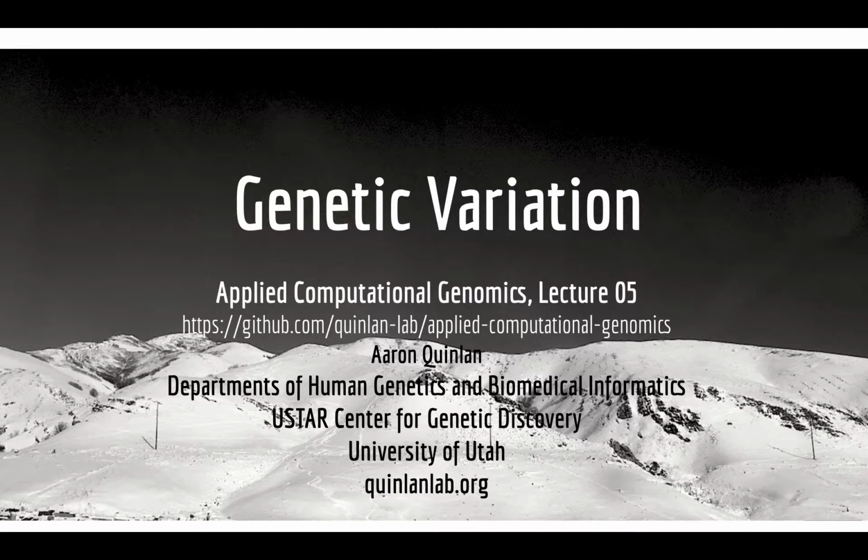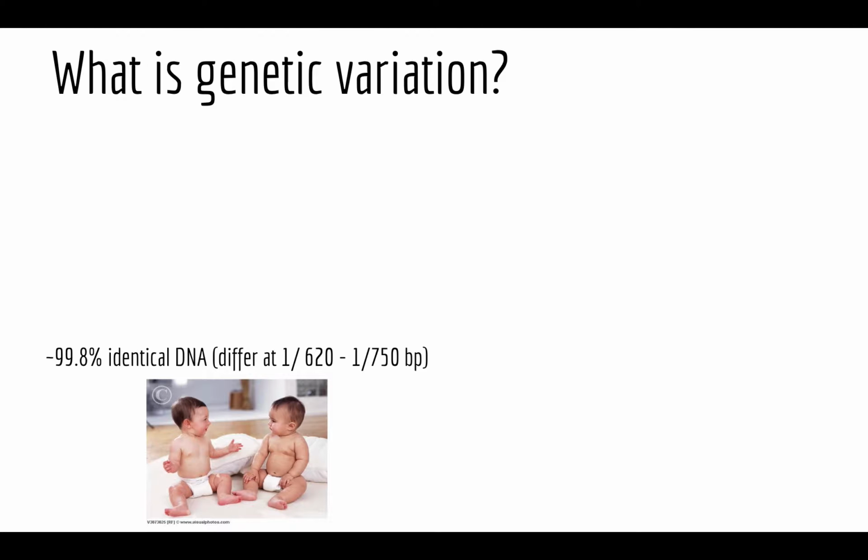Not even talking about disease risk or anything, just traits: eye color, hair color, stature, weight, predisposition to type 1 diabetes, etc. And so this study of genetic variation is really fundamental to the explosion in human genomics. It's a big focus of research here at the U and at pretty much every university in the country. Okay, so what is genetic variation?